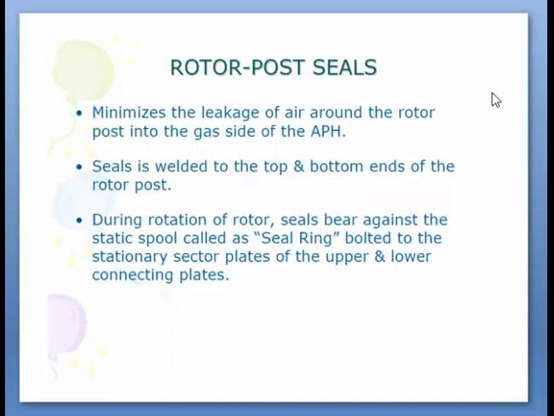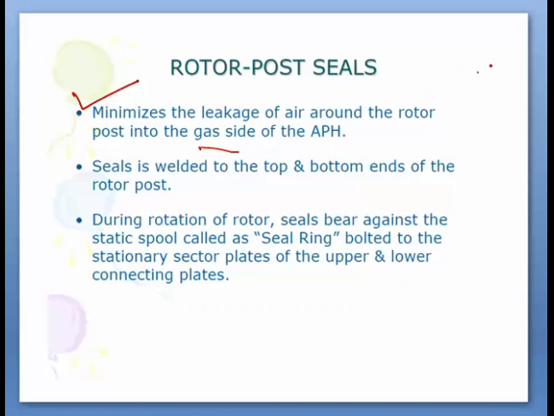The next one is rotor post seals. The purpose of the rotor post seal is to minimize the leakage of air around the rotor post into the gas side of the air preheater.